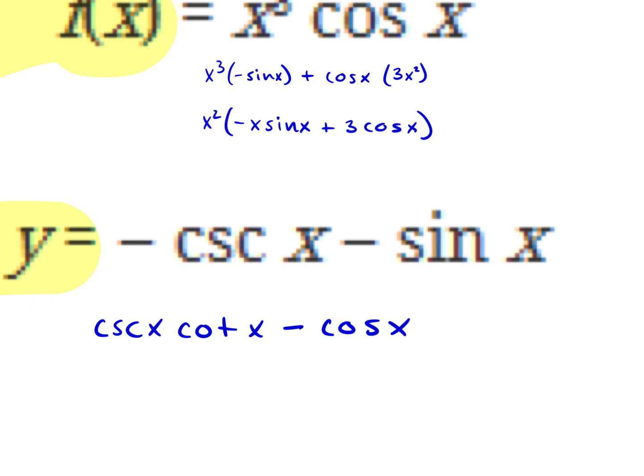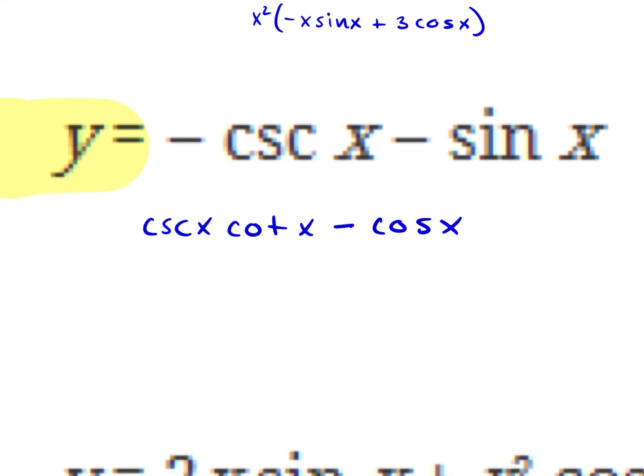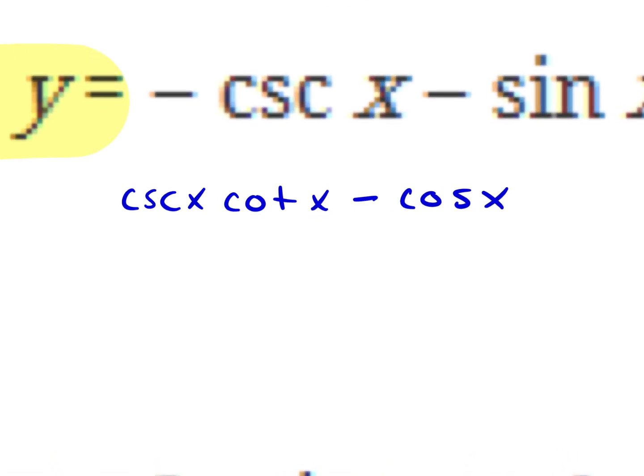I don't think the answer choices really simplify that much more, but if this didn't match one of your answer choices, you could simplify it. Cosecant is 1 over sine, times cotangent, which is cosine over sine, minus cosine. So we do have a cosine as our GCF that we could take out.